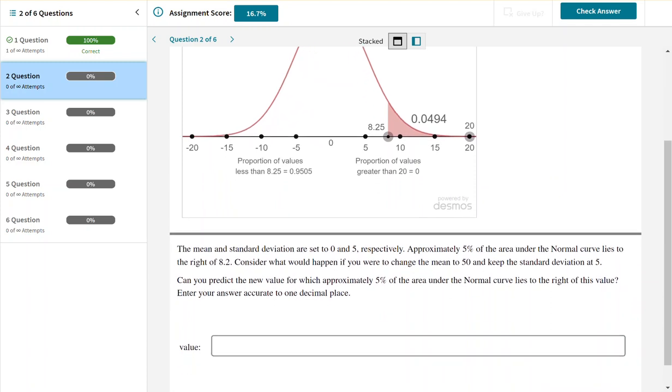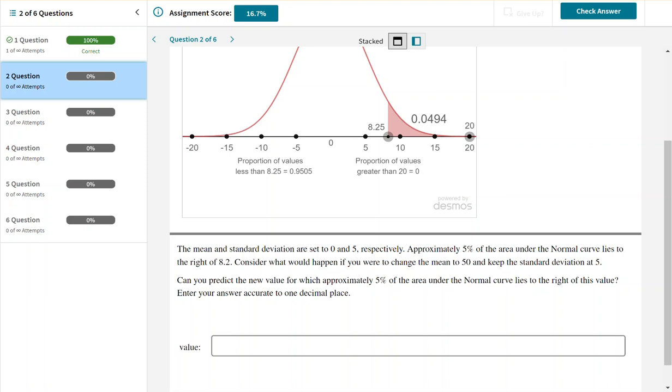Question 2, again, the mean is set to 0 and the standard deviation is set to 5. You're asked what's going to happen if you change the mean to 50 instead of 0. What's that going to do to the graph?